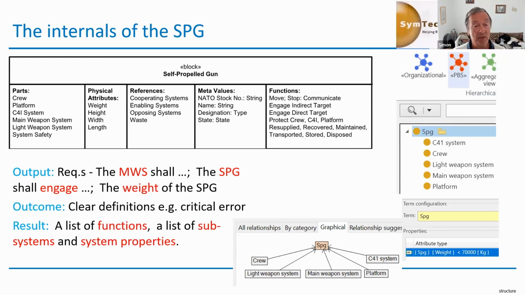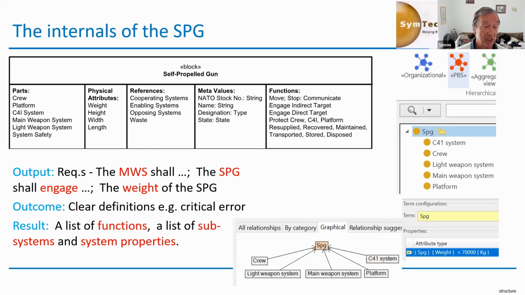So we could say the main weapon system shall fire so many rounds for so long. The SPG shall engage targets so far away. Maximum weight of the SPG, really important for the transportation and recovery requirements. We've got a clear definition of these critical errors, so we can get our reliability, availability, and maintainability requirements. We've got a list of functions and subsystems and system properties.